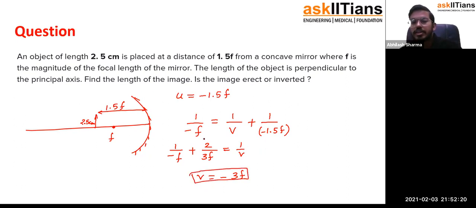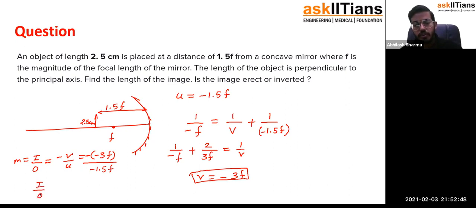But they asked us the image length. How do we get the image length? From magnification. Magnification is I by O, and that is equal to negative v by u. In this case, v is negative 3f, and u is negative 1.5 f. So what do we realize here?